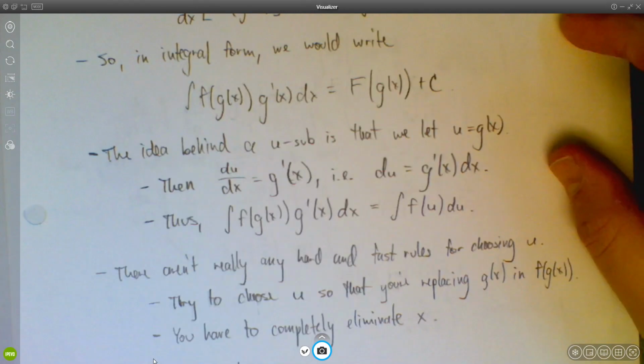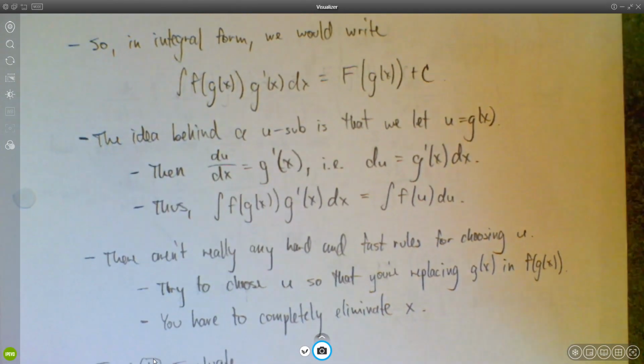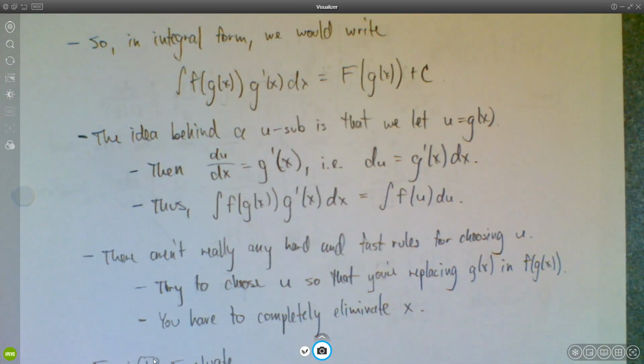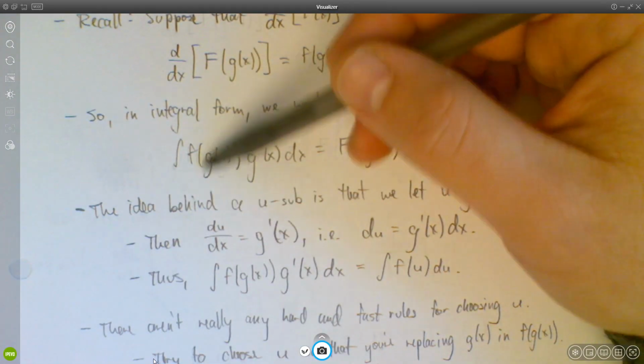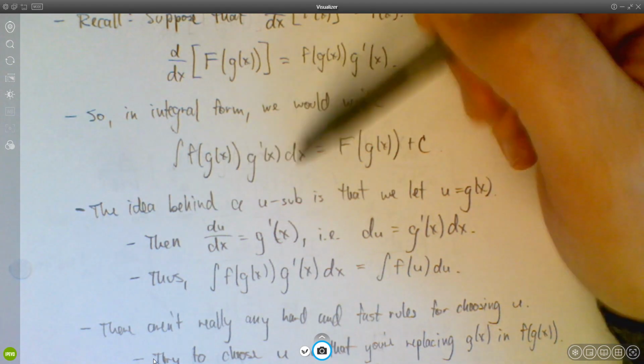Now, unfortunately, there aren't really any hard and fast rules for choosing u. It's something that you'll develop a taste for with experience. But if there's anything that tells us what to let u equal, it's that we want u to be whatever thing the derivative of is sitting outside here, right?